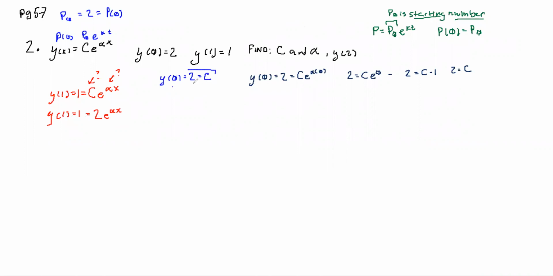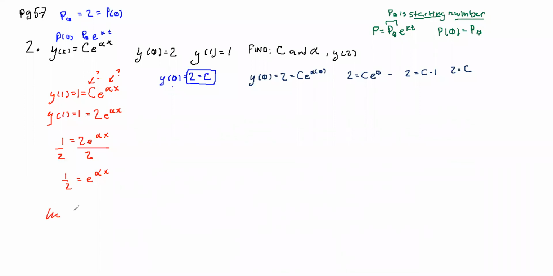So I can go ahead and solve. 1 is equal to 2e to the alpha x. I can divide both sides by 2 because I want to get that constant out of there. So 1/2 is equal to e to the alpha x. I can go ahead and take the natural log.